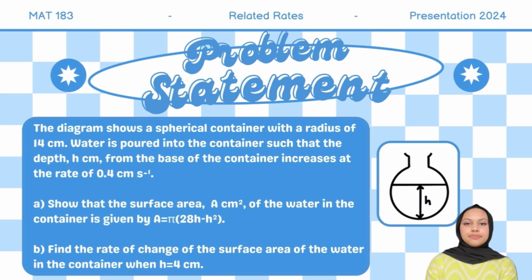A. Show that the surface area, A cm squared, of the water in the container is given by A equals pi(28h minus h squared). B. Find the rate of change of the surface area of the water in the container when h equals 4 cm.